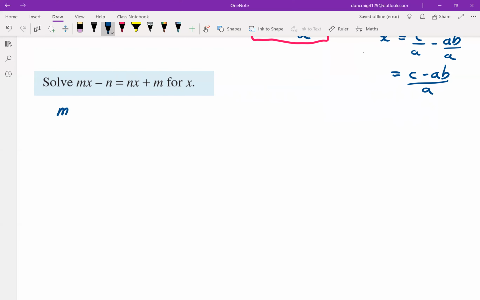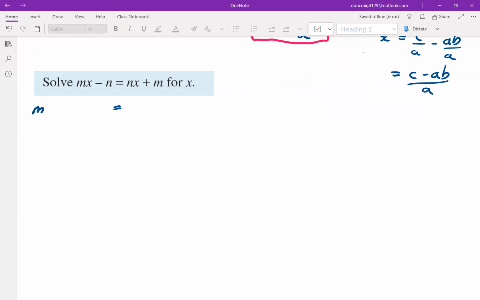I want to make sure my equal signs are in line. So mx take nx take n is equal to m. So I took nx from both sides. Add n to both sides. Mx take nx is equal to m plus n.